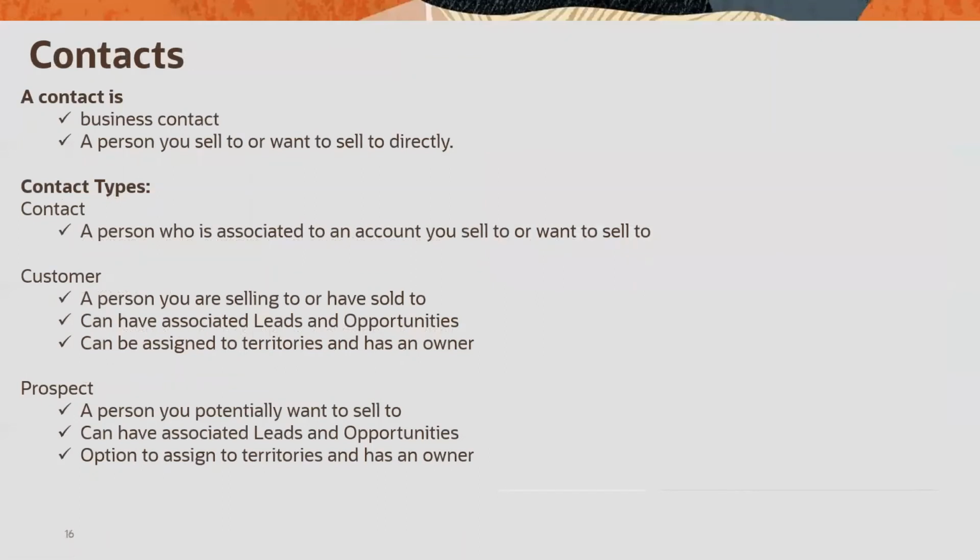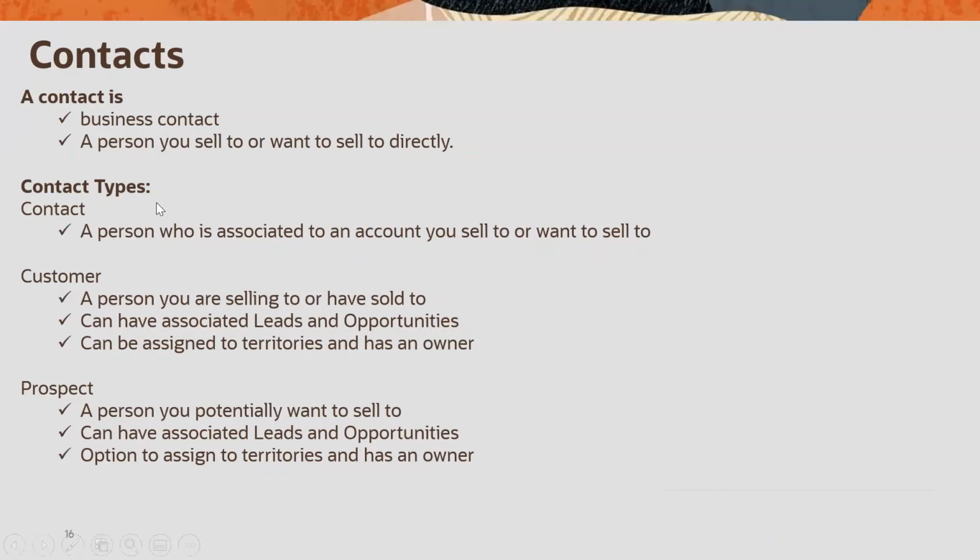Then coming to contact. Contact is nothing but a person that we are selling to, or we want to sell directly. Directly means there is no involvement of a company here. We are selling directly to the end customer.